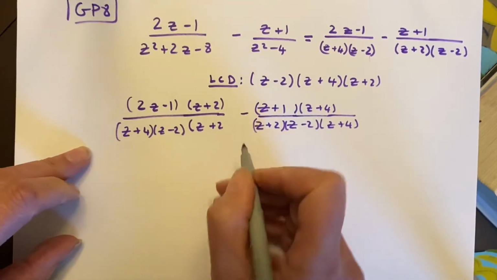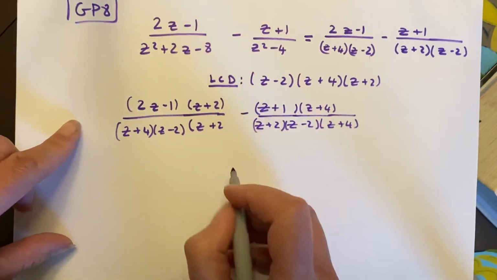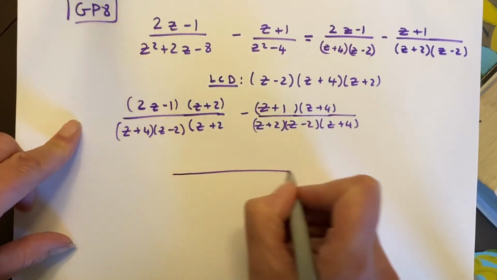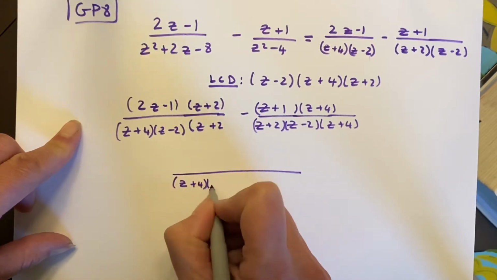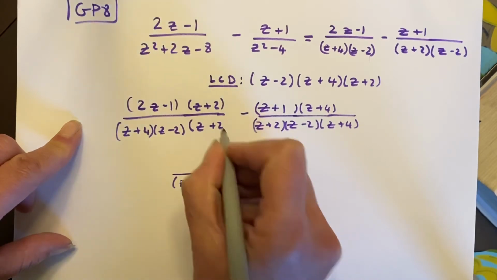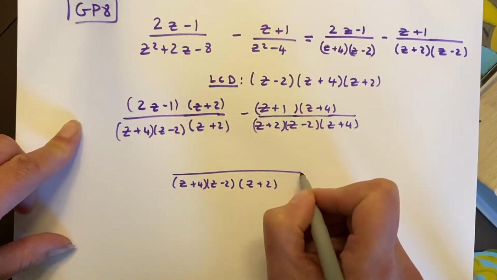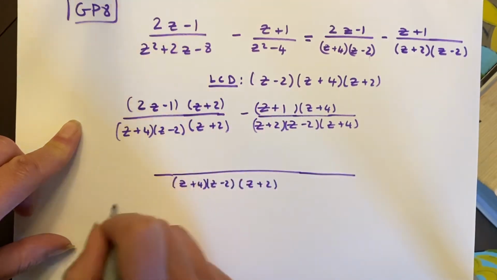So I now have enough information. I'm going to combine all of this in a single fraction with the denominator z plus 4, z minus 2, z plus 2, and I have to multiply everything out.